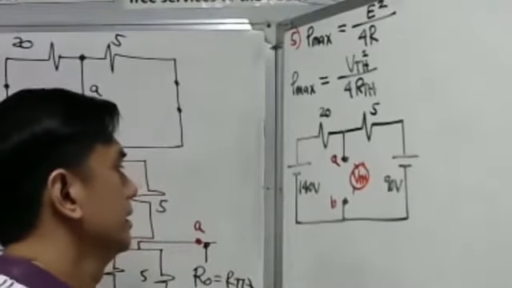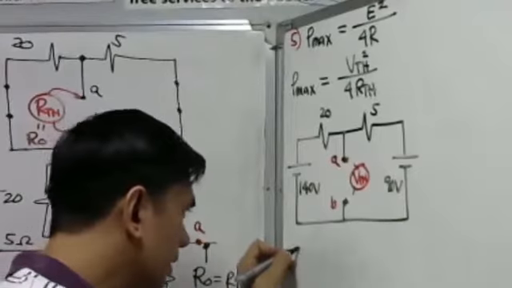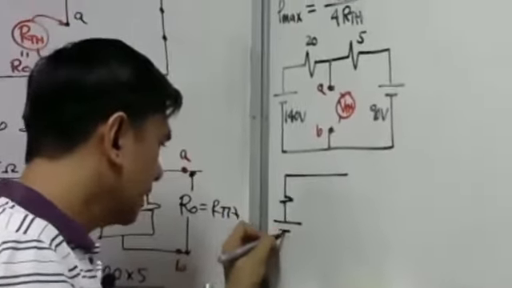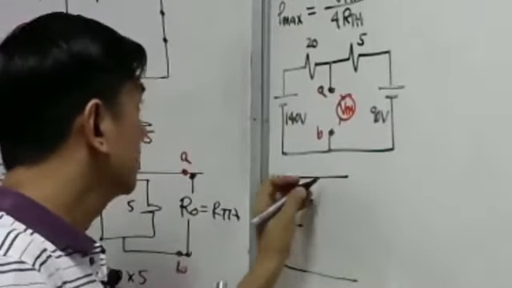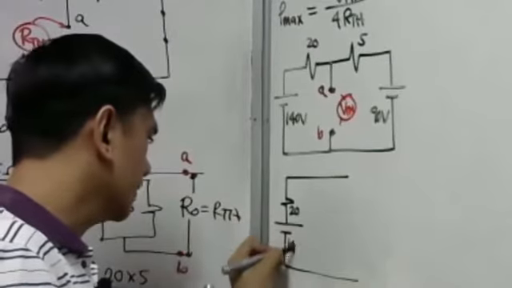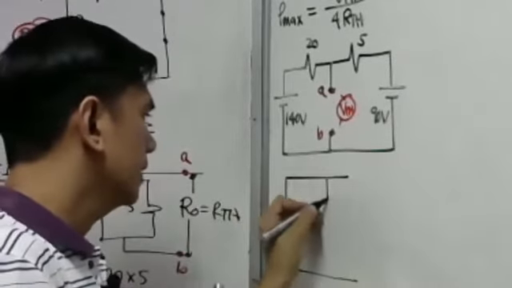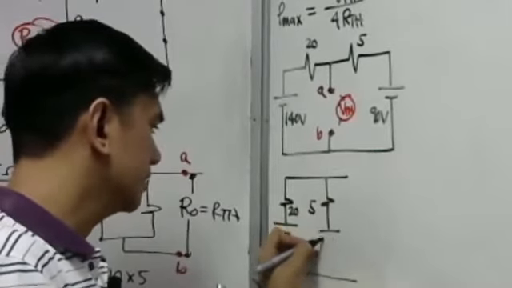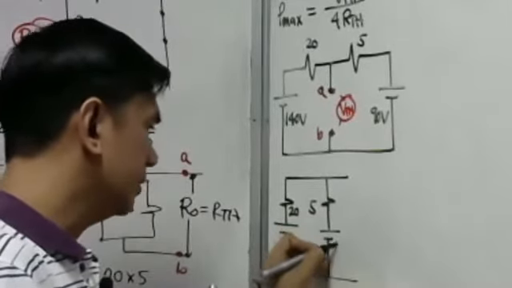We have here this resistor, this is our 20 ohms. This is our 140 volts. Then, this is our 5 ohm resistor. Then, this is our 90 volts.